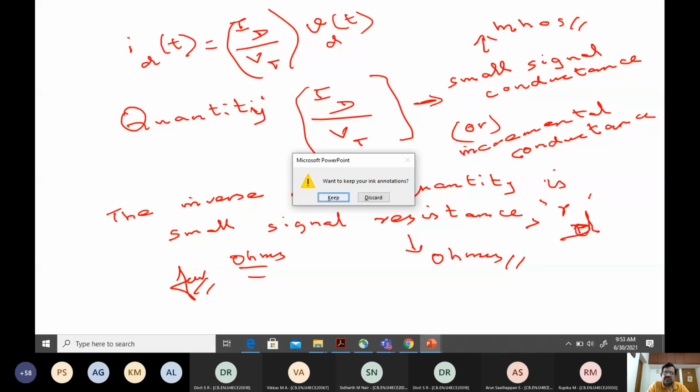They are only inverses. Because of this, we will be able to do some kind of linear analysis with these definitions. That is the idea, because we have got a small signal resistance. Therefore, we should be able to perform linear resistance analysis. We'll see that in the afternoon, because that depends only on the steady state value of Id and the thermal voltage, which is dependent on temperature.